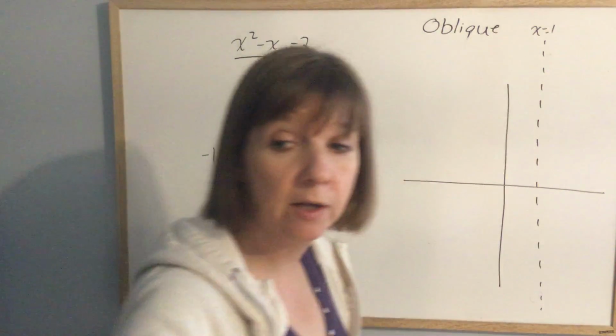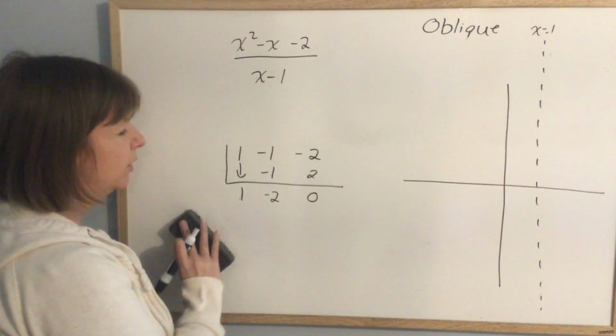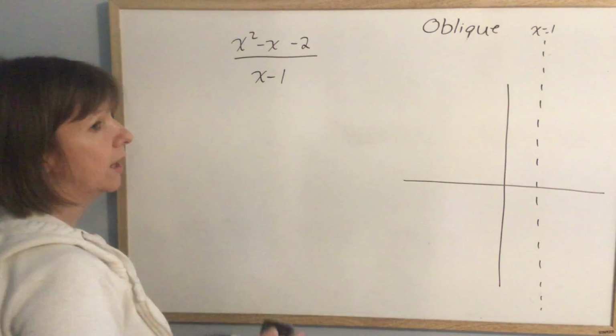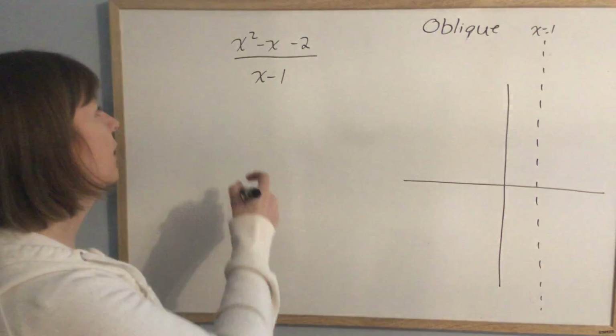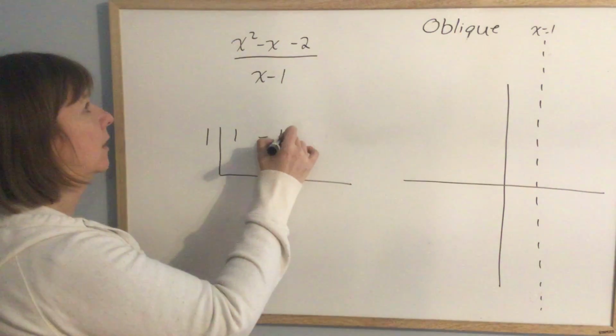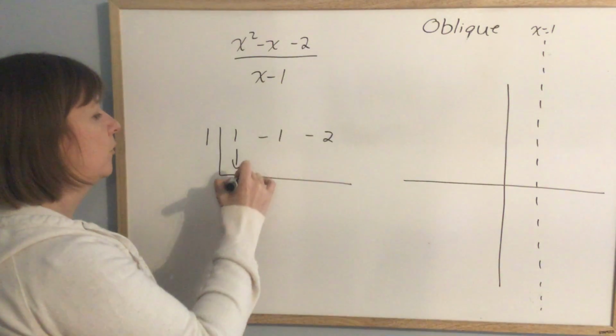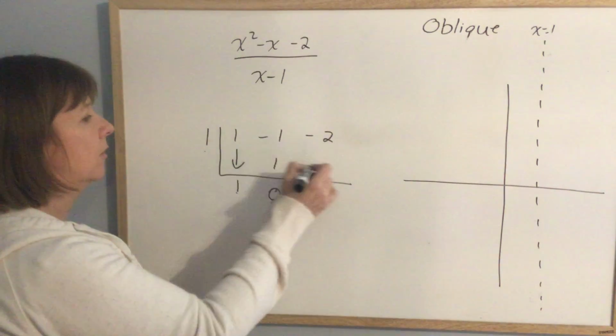All right, what if I ignore what I told you the last time? The last one was kind of wonky to do synthetic division with because of the fact that they put the negative on the x. So if I just put 1 out here, let me try that. 1, negative 1, negative 2. If I move the 1 down, 1 times 1 is 1. That's 0. 0 times 1 is 0.